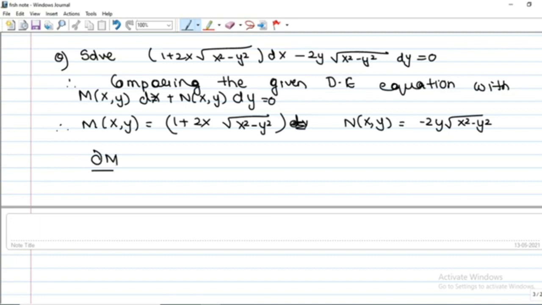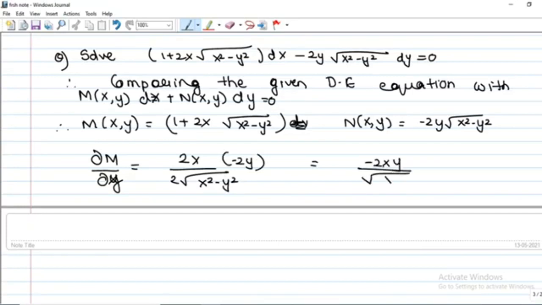Now we need to find dou M by dou y. Here it is y, so the other terms will be constant. So 2x upon 2 under root x square minus y square into minus 2y, right? 2 will cancel out and you will be left with minus 2xy upon under root x square minus y square.